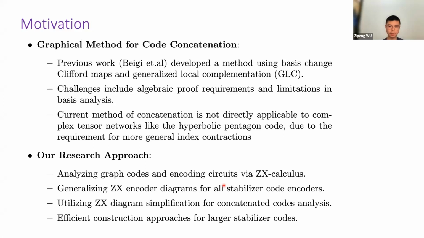Another work that brought this idea to us is that recently a group used graph codes to construct the holographic code. They use the pentagon graph as a small tensor network and contract the tensor network to build a larger code from the smaller one.